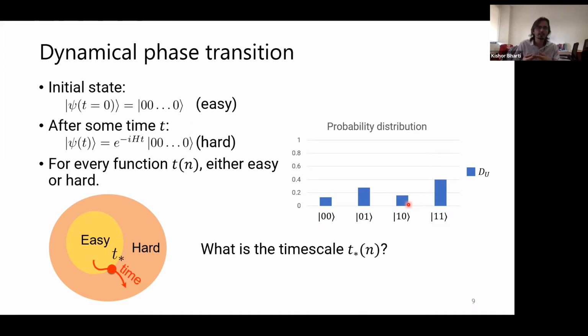There could be systems which have a lot of symmetry and are constrained, like periodic Hamiltonians, where even as time passes it always remains easy. Yes, there are definitely Hamiltonians that only explore this easy region. And so that's why this whole discussion is interesting if you restrict the class of Hamiltonians and study how this timescale t star varies with the class of Hamiltonians you are considering.